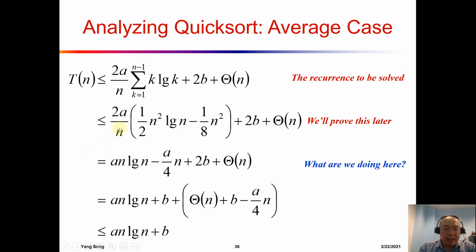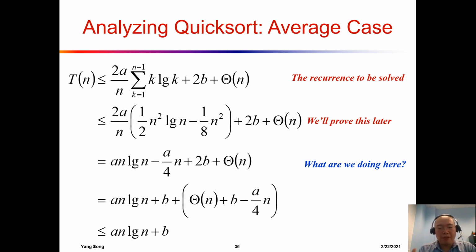After that, I want to move the 2A divided by n into those two parts inside the parentheses, and then we have this part, and eventually we have the A n log n, plus A B, and then a few more things, so we can prove that Tn is smaller or equal to A n log n plus B. For whatever is in this parenthesis, that is linear to n.